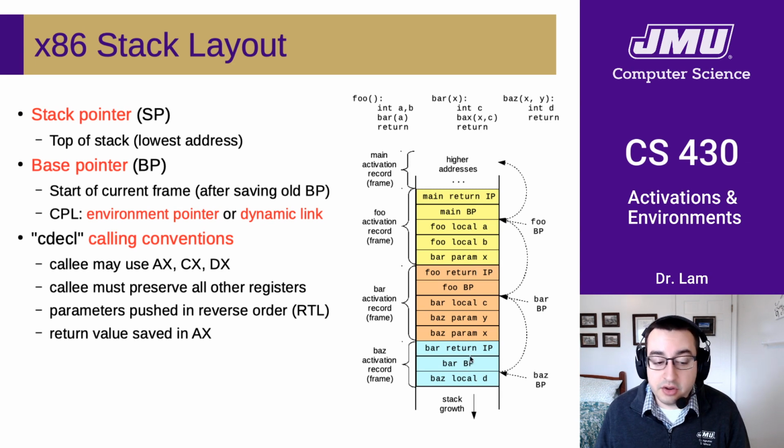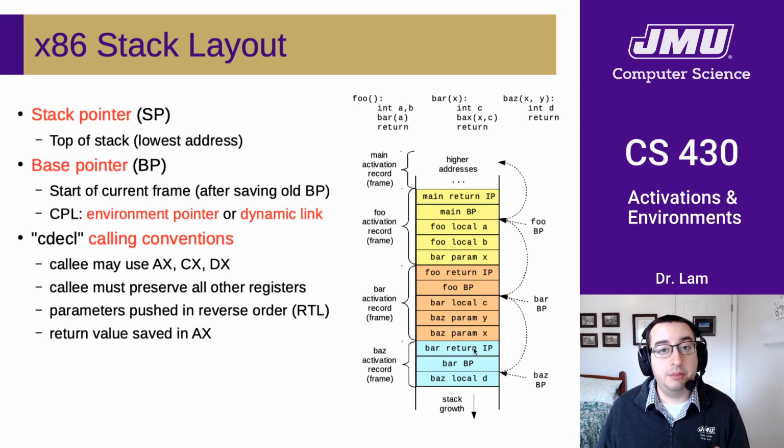So the other things that are in the activation record or the stack frame here are the return address, denoted here as return IP. So this is where we will go back to in bar once baz is finished. And then base pointer. So these are the dynamic links that your textbook talks about. So this is where we would transfer control back to.